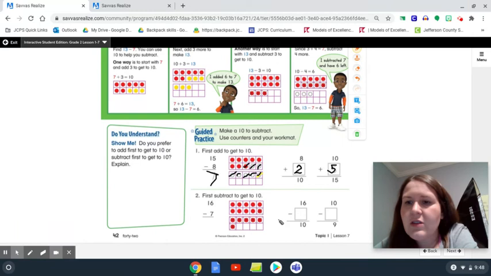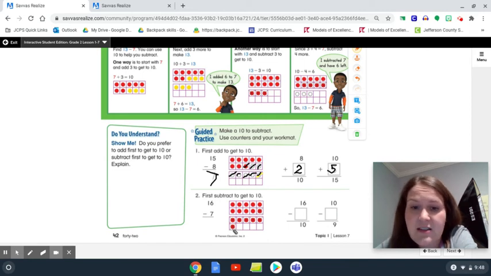So what we need to do is find out how many counters to get rid of until we can get 10. So let's just keep counting back until we get to 10. So we go minus 1, minus 2, minus 3, minus 4, minus 5, minus 6. Oh, I got rid of 6.